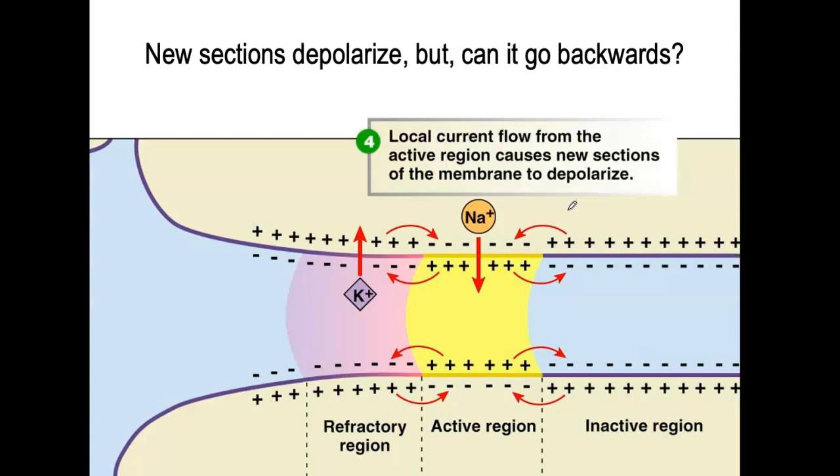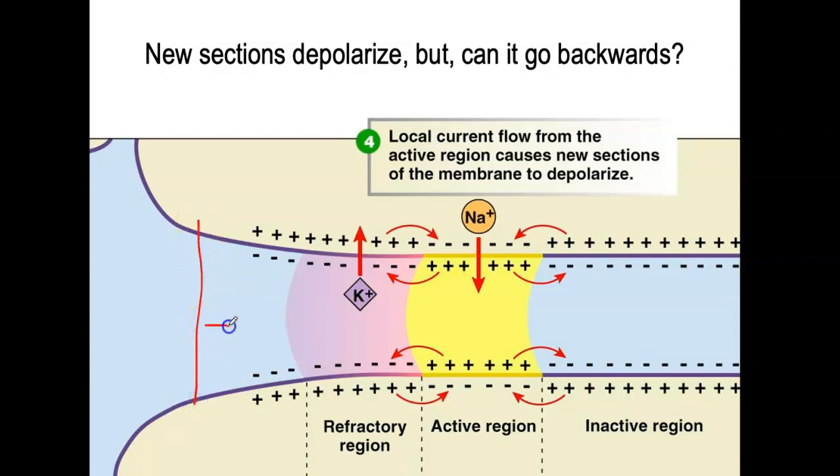This diagram from your book is a good diagram showing the flow in an active region first. Here, the active region would be in yellow. What's happening in an active region is that it's depolarizing. If it's depolarizing, sodium is entering the cell in that spot. Now, if you go immediately behind where it was coming from, this is the axon hillock here.